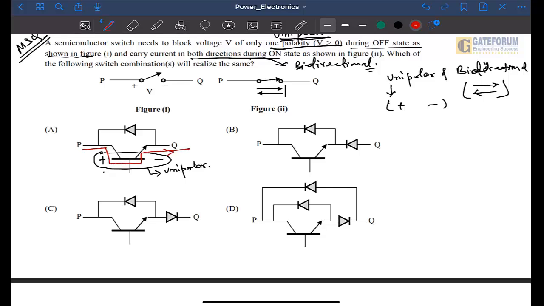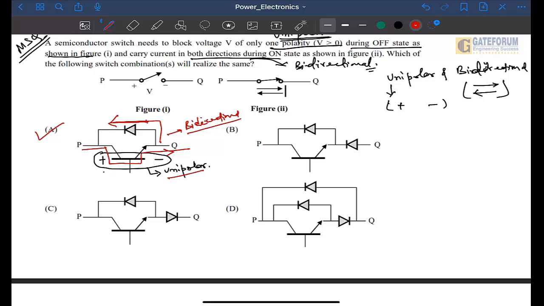And when the BJT is off, the diode will not block this polarity voltage, but it will carry current in this direction. Hence, the whole switch can carry bidirectional current. So in option A the switch is unipolar and bidirectional. As per our question, option A is correct.